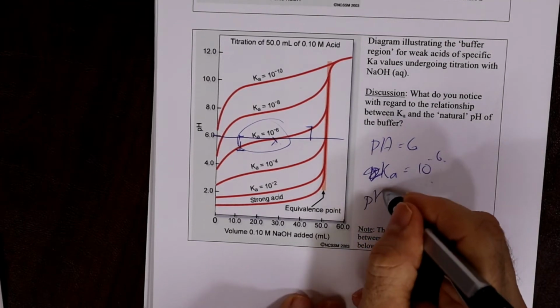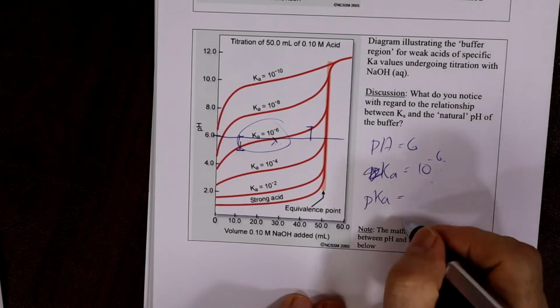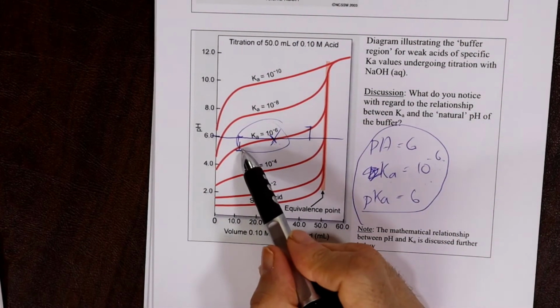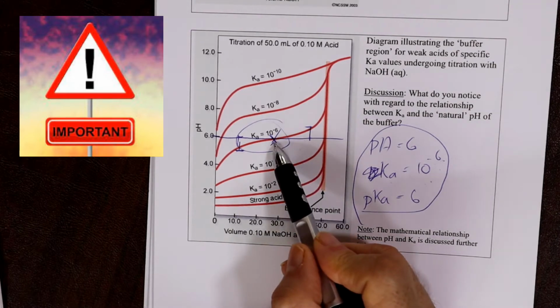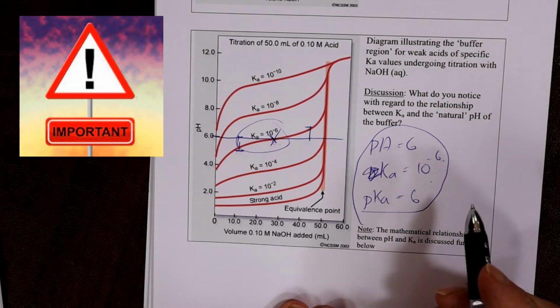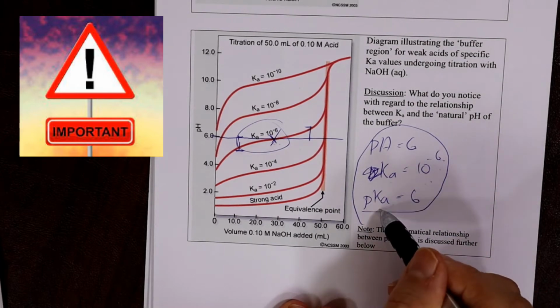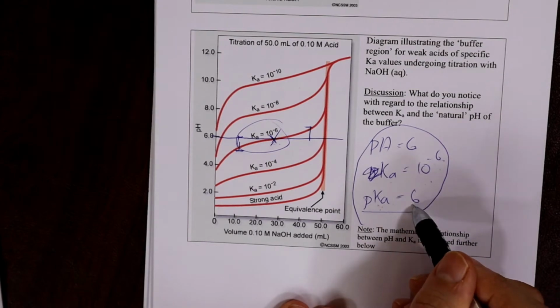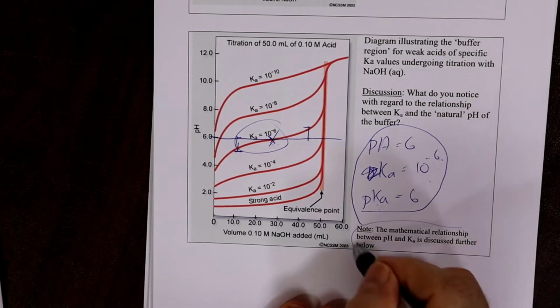What's pKa? Minus log of 10 to the minus 6, which is 6. So right in the middle, halfway along the buffering region, the pH equals the pKa. So if you want a buffer of pH 6, choose a system with a pKa of 6 as well. So pH equals pKa.